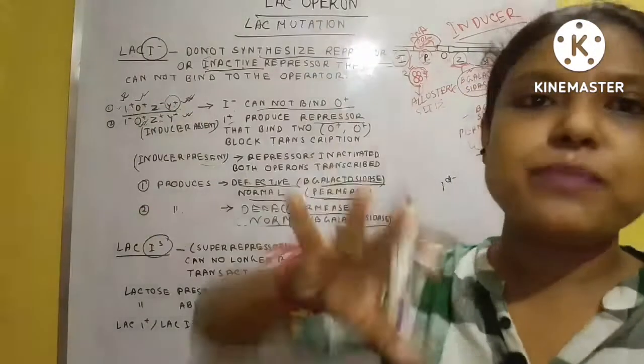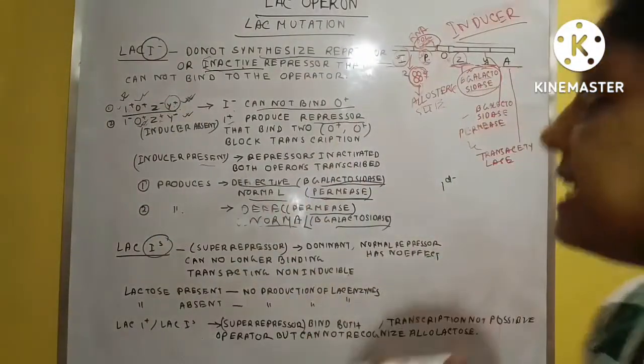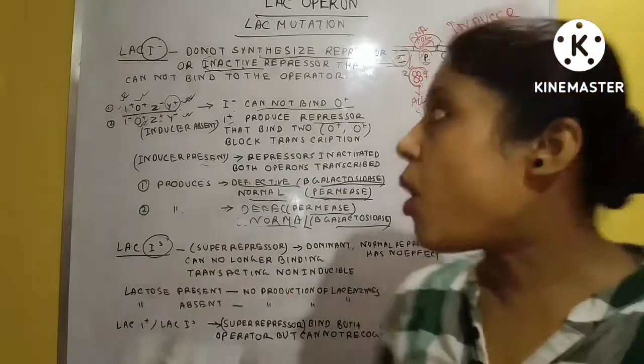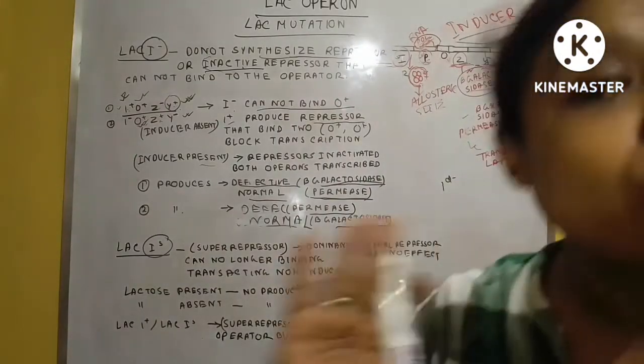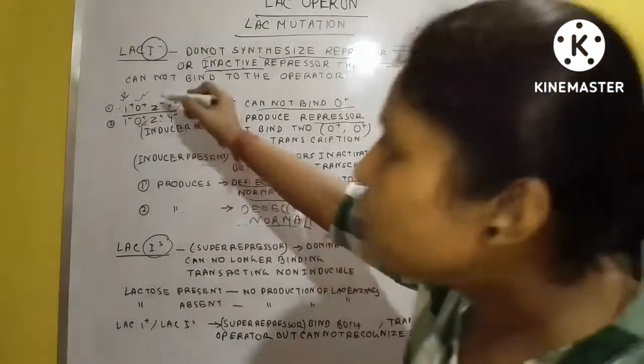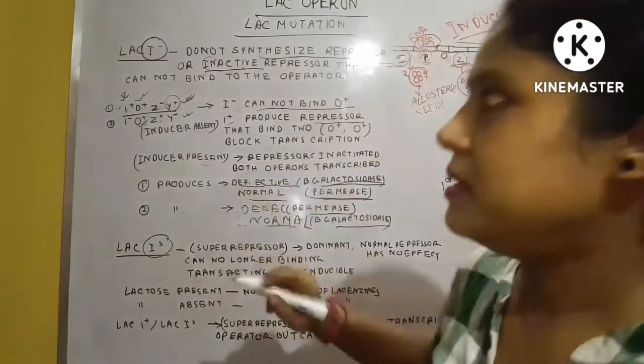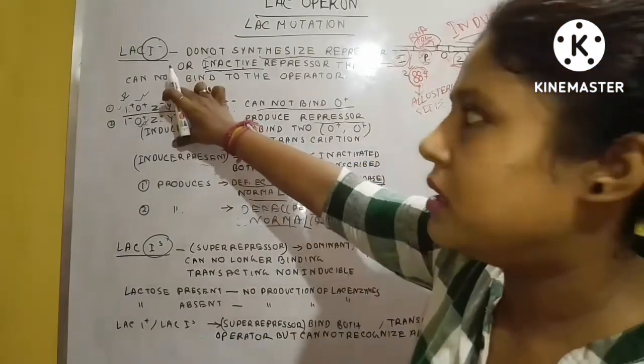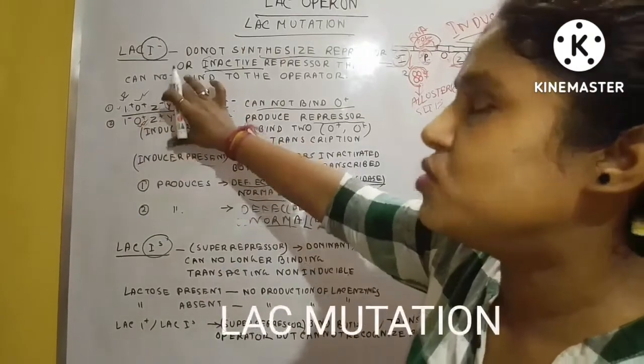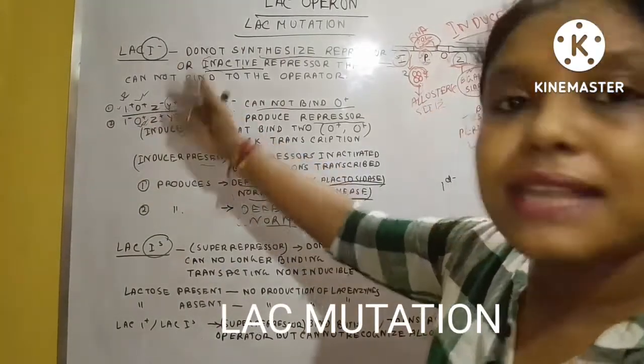So what we learn here is that if I minus is present, the repressor protein that forms is either inactive or not formed at all.